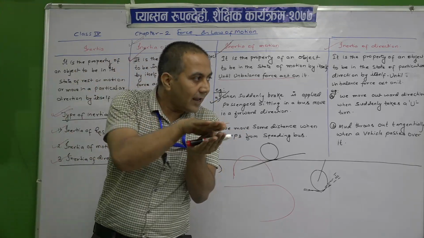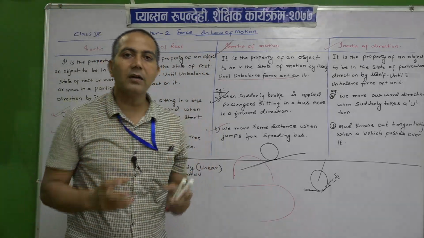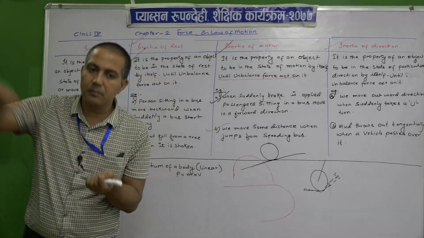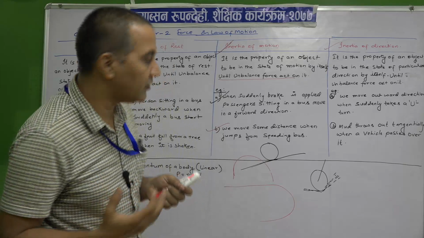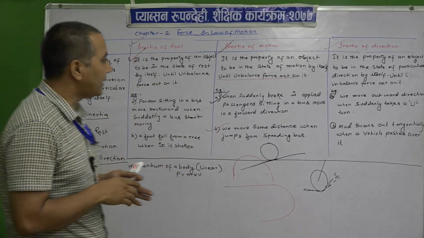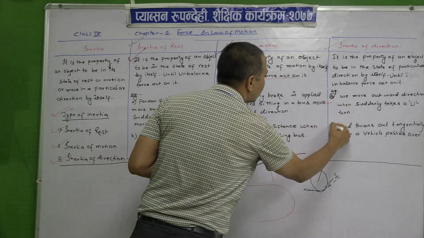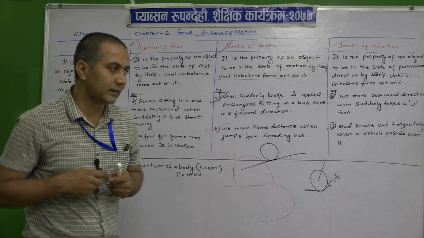So it tends to stay in the same direction. Therefore, the mud and the water go in the tangential way. So I think you are clear about the inertia of rest, inertia of motion and inertia of direction.